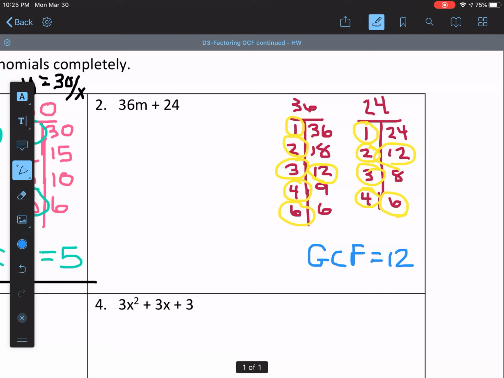Okay, so we're going to take our original problem, the 36m plus 24, and we're going to divide each piece by the GCF, which is 12. So 36 divided by 12 is 3, and then we still have the m, plus 24 divided by 12 is 2.